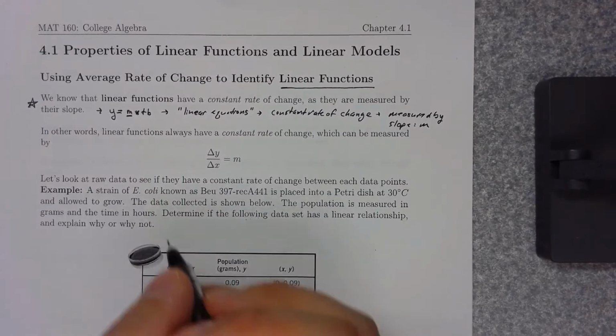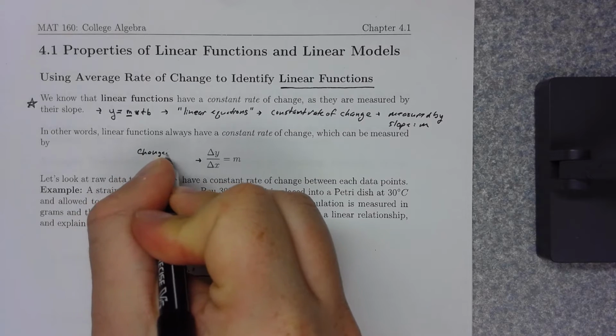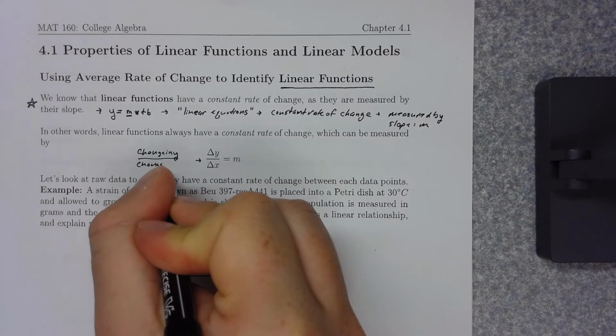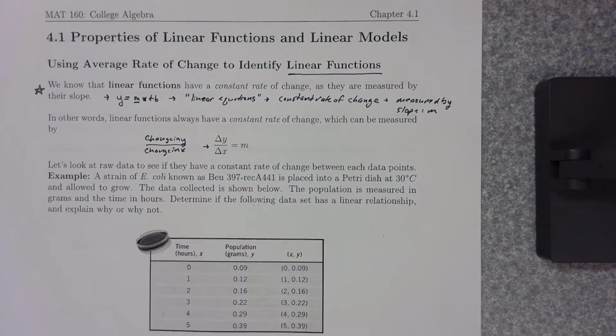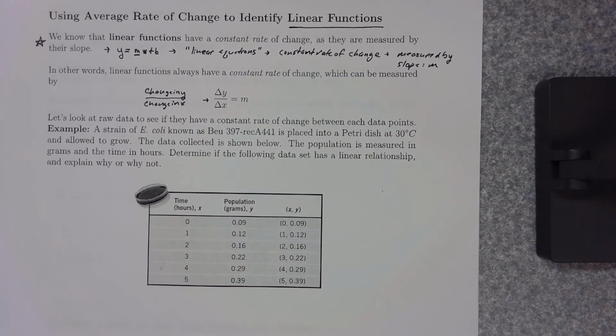In other words, the slope could be written as the change in y over the change in x. So how do we know if something is linear or not?